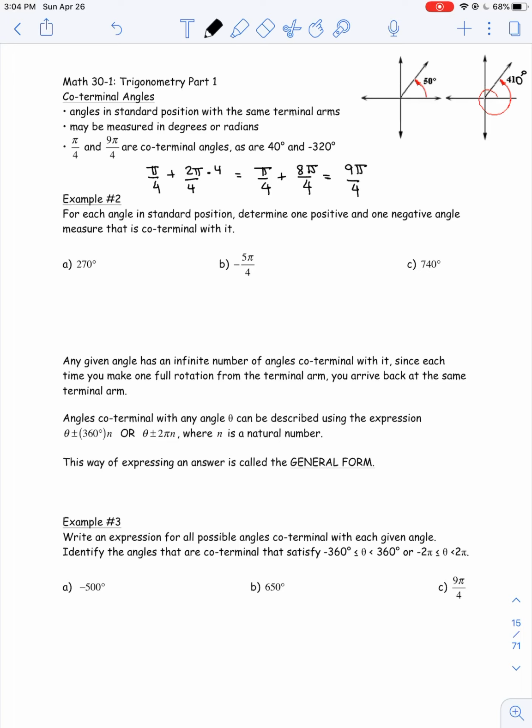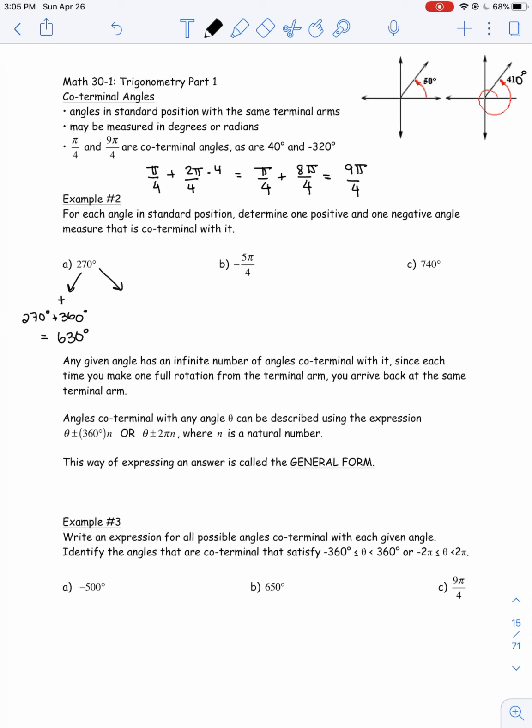So these are coterminals. So let's look at, they want a positive and a negative coterminal angle. So I'm going to start with the positive one. You're going to go 270 degrees and you're going to add 360 degrees. So 270 plus 360 gives us 630 degrees.